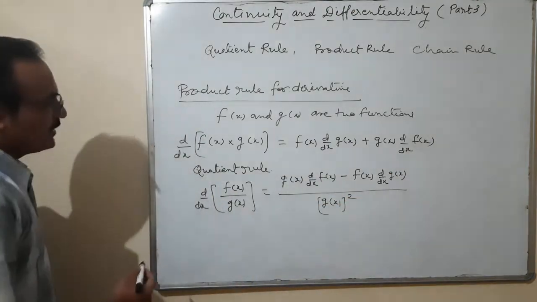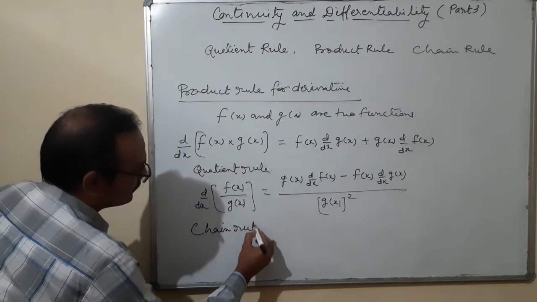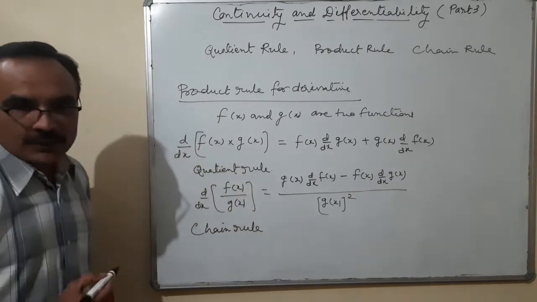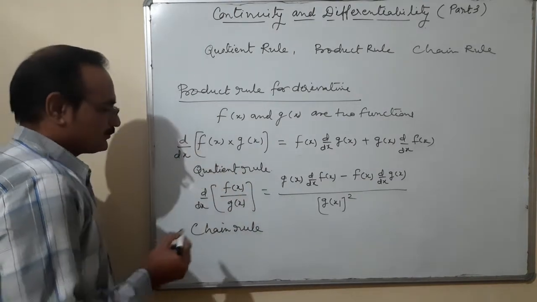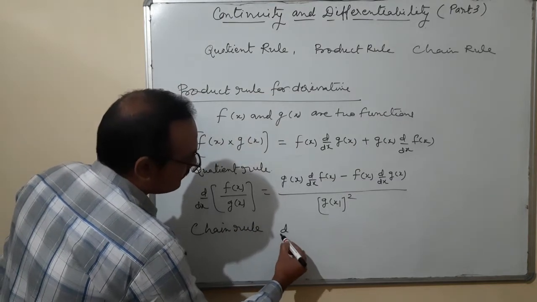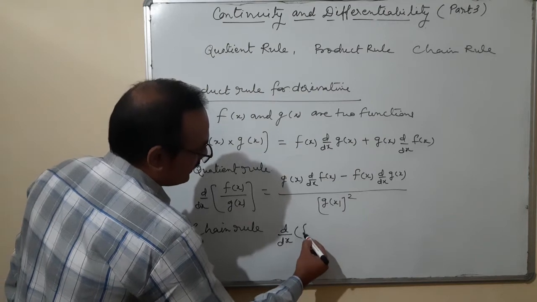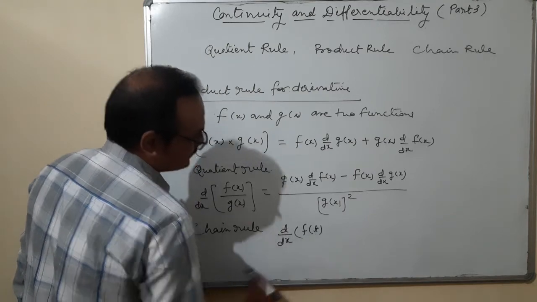And number 3, chain rule. What is chain rule? Chain rule is, for example, suppose dy by dx, the function is f of t.